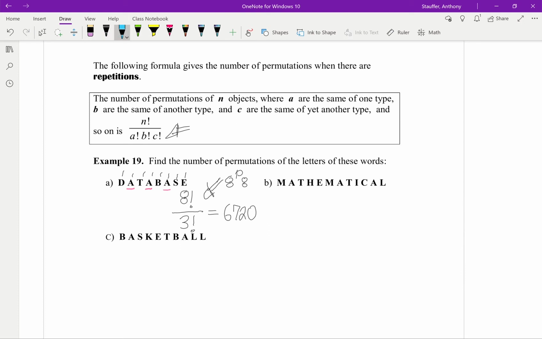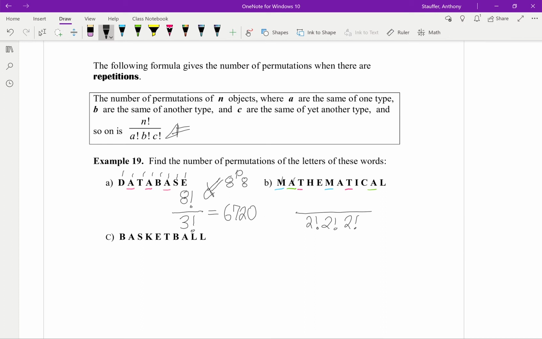Mathematical, I have 1, 2 M's, and what I'm going to do is just keep track of this. I'm going to write out my bottom first, and then from here I have 1, 2 A's, so that gives me another 2 factorial on the bottom, and then we have 1, 2 T's, so that gives me another 2 factorial on the bottom. I believe that I've caught all of them.